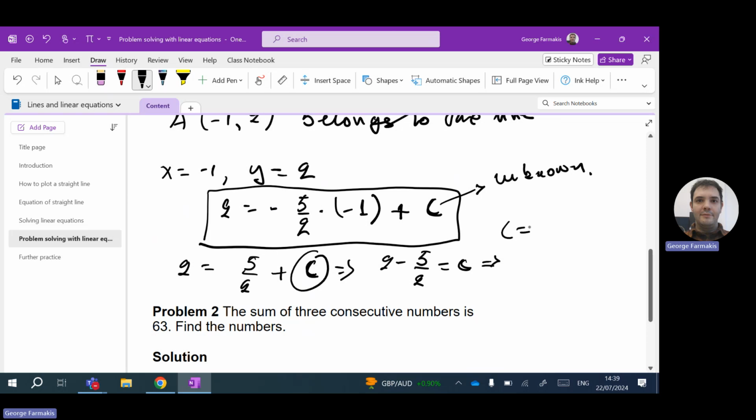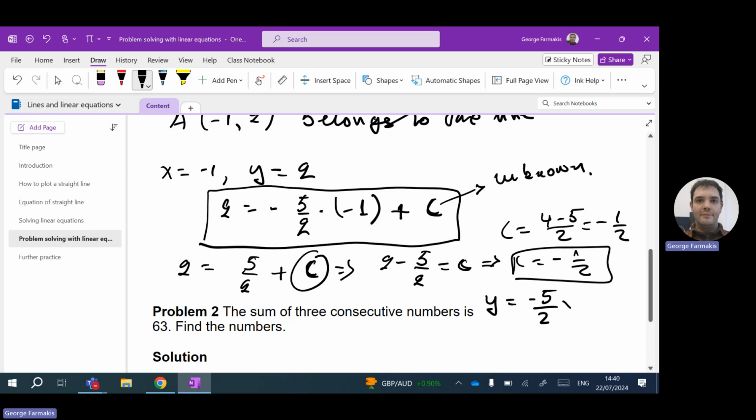In other words, c is minus 1 over 2. So this is c, and the equation of the straight line now is minus 5 over 2 x minus 1 over 2.